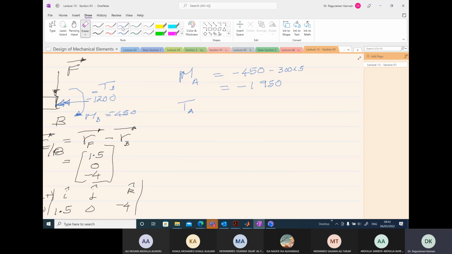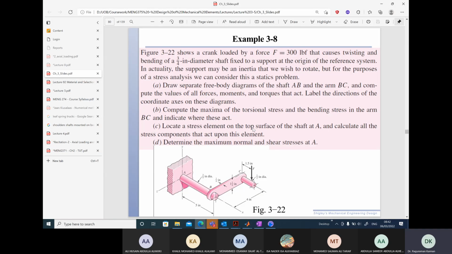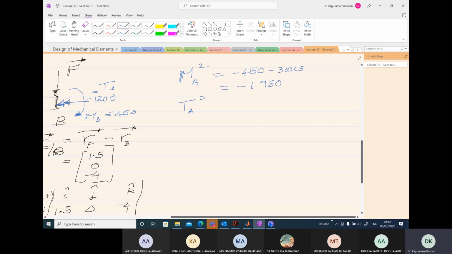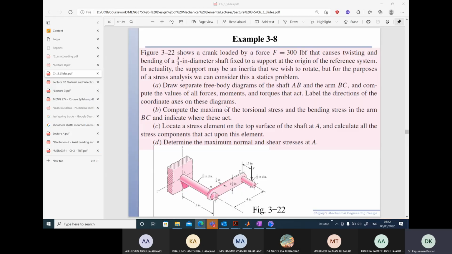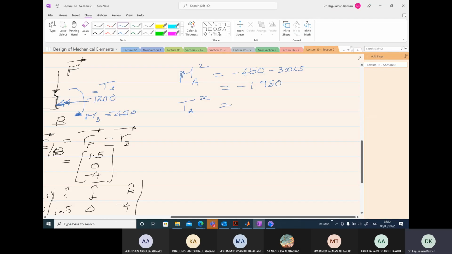Let's take the torque value. Torque will be with respect to X axis. And the torque value is with respect to negative X axis, and therefore minus 1200.